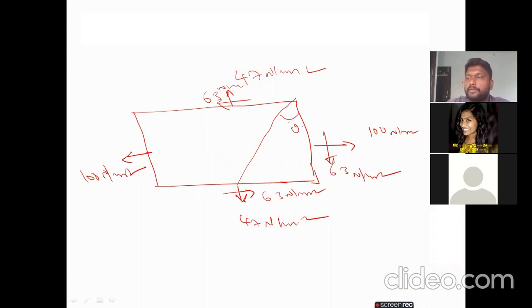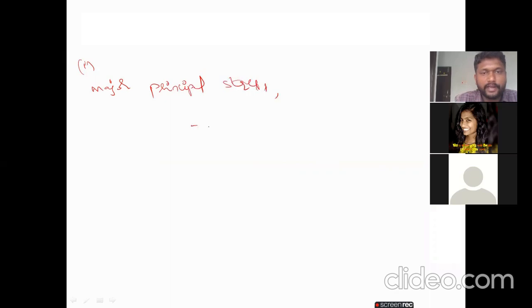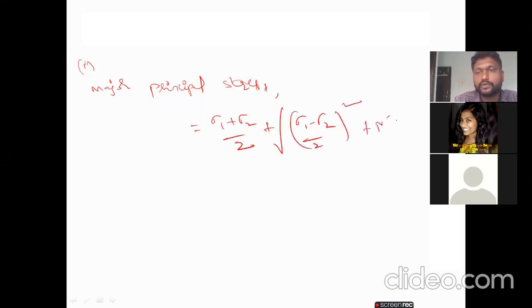How to solve the problem? First calculate the major principal stress. The formula is (sigma 1 plus sigma 2) by 2 plus the square root of ((sigma 1 minus sigma 2) by 2) whole square plus tau square.